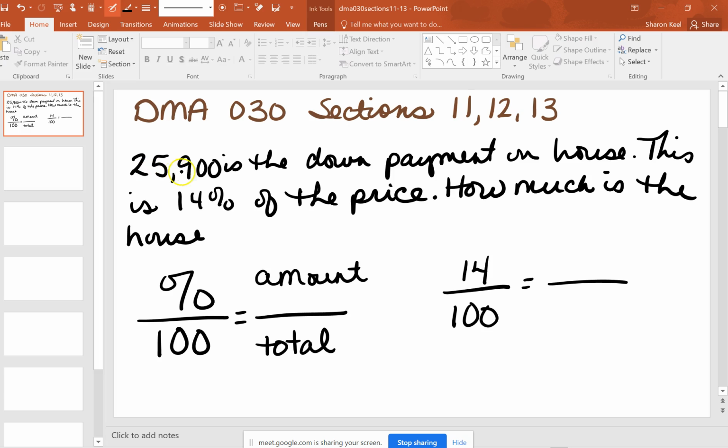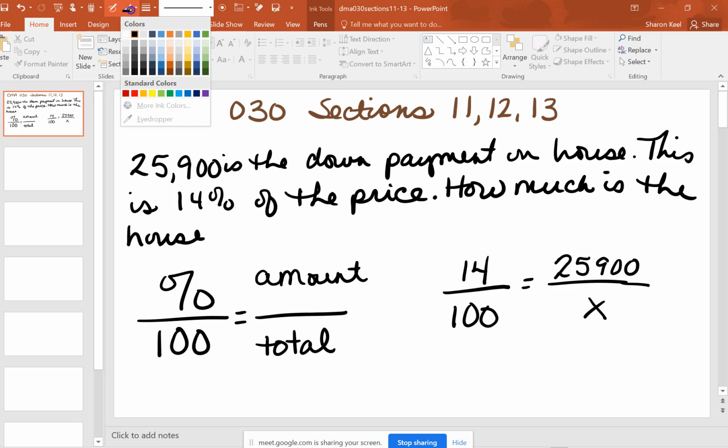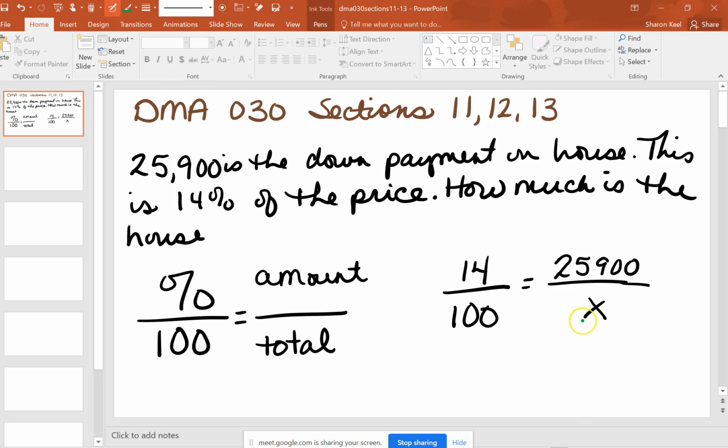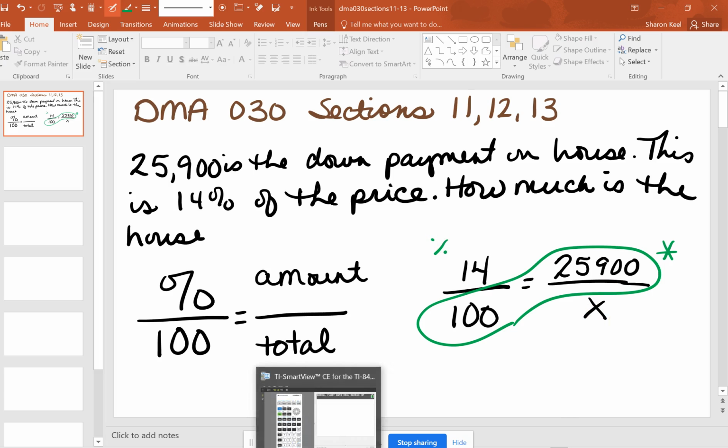The $25,900 is the down payment on the house, so I'm going to put it in the numerator. What we're solving for is the price of the house. If you recall, with proportions, you multiply the two that are diagonal and divide by what's paired with the unknown, and that gives us the price of the house.